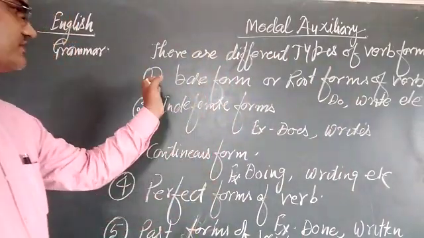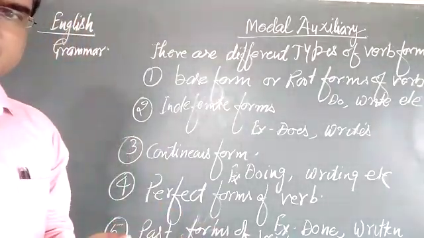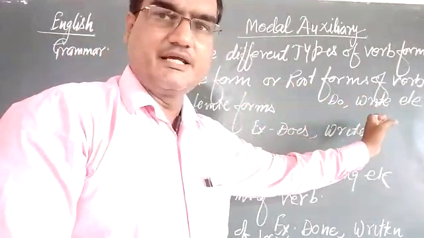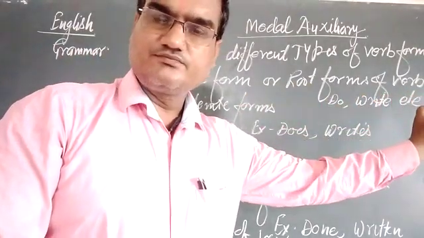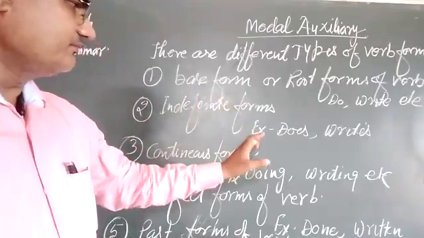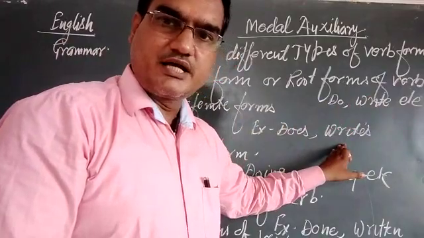Students, first is the base form or root form of the verb. Base form means the first form of the verb, just like do, write, and other different forms of the verb. Indefinite form: do, indefinite form does; write, indefinite form writes.